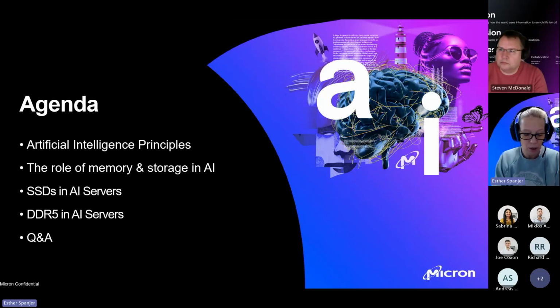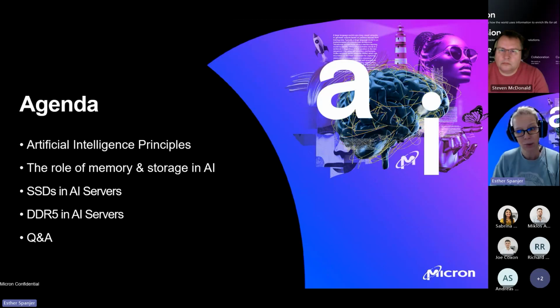So what we're going to talk about today is, first of all, I want to share with you some of the terminology and the things that are associated with artificial intelligence. And when you're looking at artificial intelligence, what it really takes to actually implement a solution like that. Of course, we talk a lot about the role of memory and storage, since that is what Micron is manufacturing.